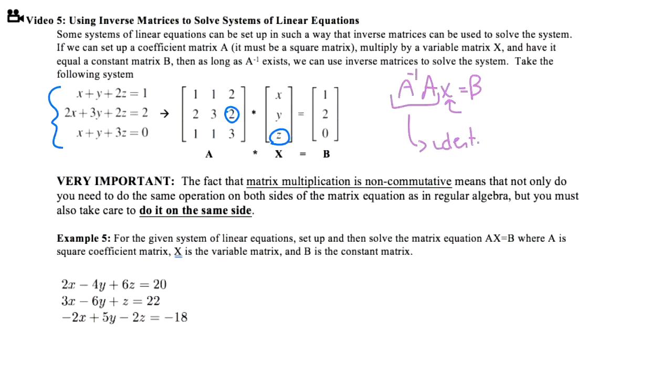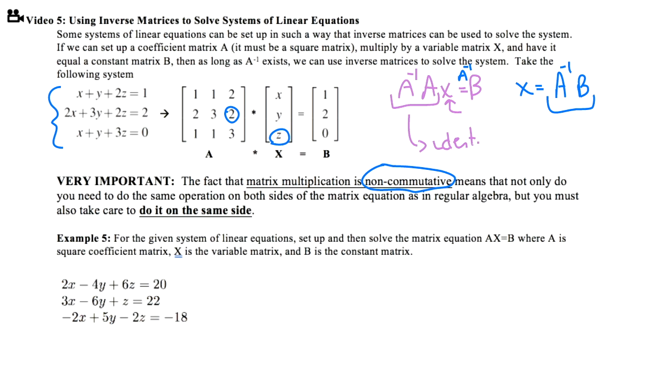So that means that over here, I need to multiply on the left side of B. So X then is going to be A inverse times B, and you have to do it in this order, A inverse on the left side of B, because of this non-commutative nature of matrix multiplication.